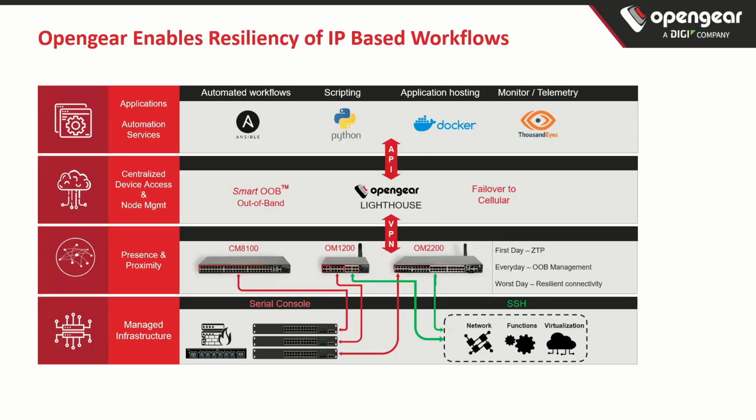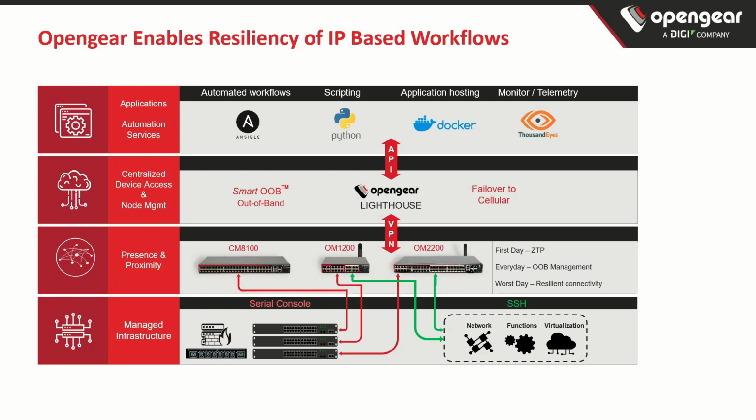All right, and I'm sure everybody's familiar with the console and RS-232 and serial. So we want to focus more on the IP-based, resilience-based workflow. So at the top, you can see there are some common applications and automation workflows that our customers have used in the past and we assist with.